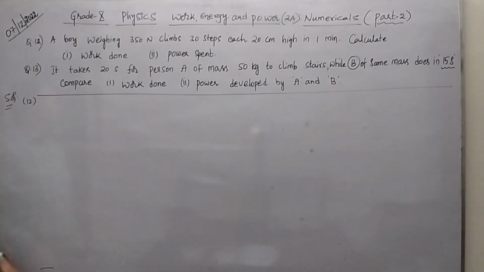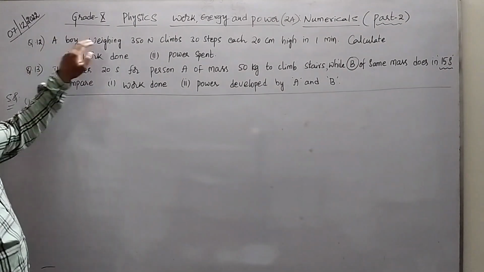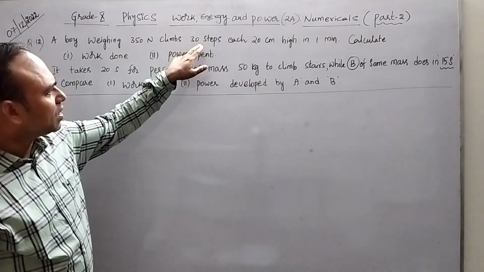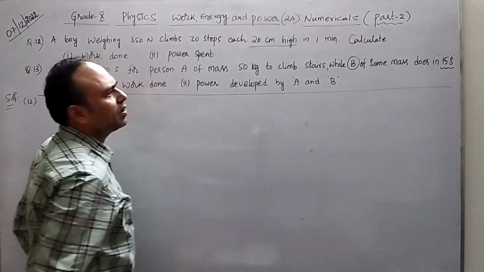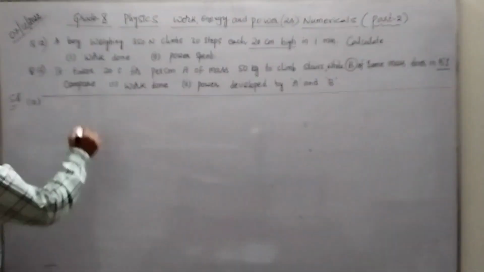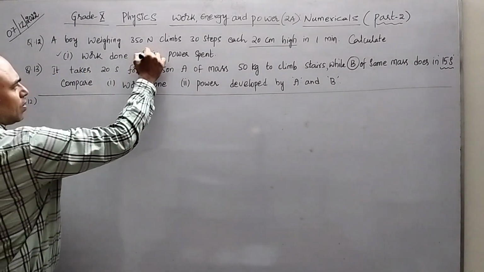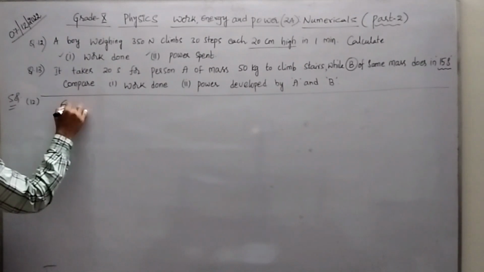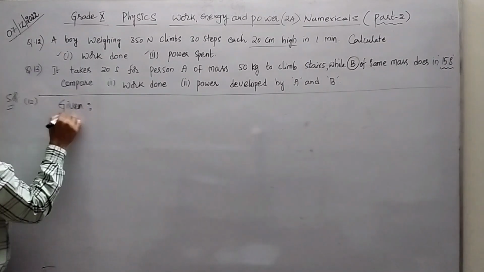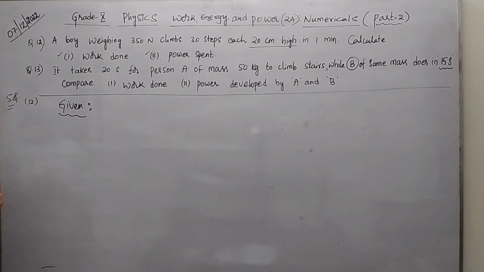Next let us see question number 12 and 13. Question number 12. A boy weighing 350 Newton climbs 30 steps each of 20 centimeter height in 1 minute. Calculate first work, then the power. See, we already know the given terms, we write, then we will write the formula. So what is given here?